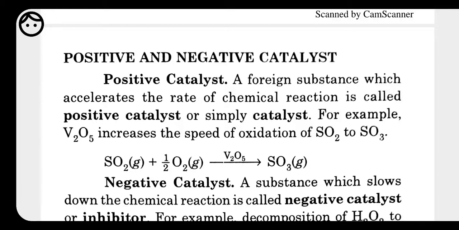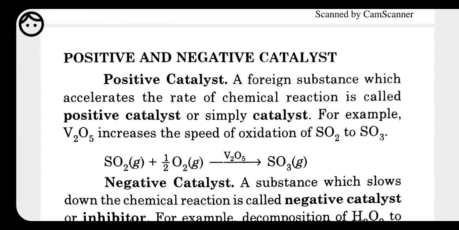Because the process is very slow, there is a need to use vanadium pentoxide. By its use the reaction becomes faster and SO3 forms more speedily than earlier. Because it increases the rate of reaction, it is called a positive catalyst.